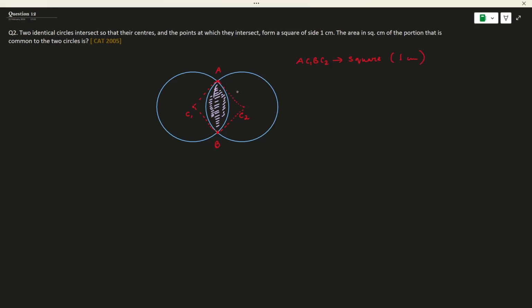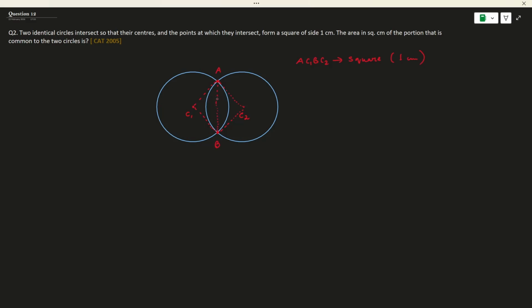So let me erase all this. Just a moment, guys. Yeah. Okay, so you have understood the common area, right? We have to find that area. All right, so first let me join this point A and B.